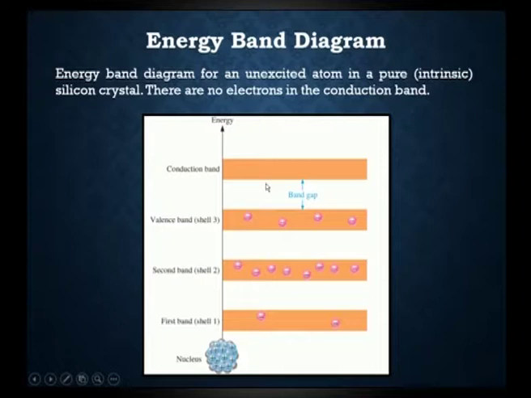Because it is intrinsic, we do not observe any electron in the conduction band. In between is the band gap, that is the forbidden energy gap, which we already studied in the energy band diagram of a semiconductor. This is present between the conduction and valence bands.